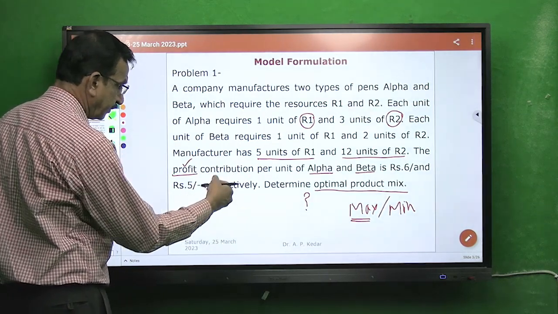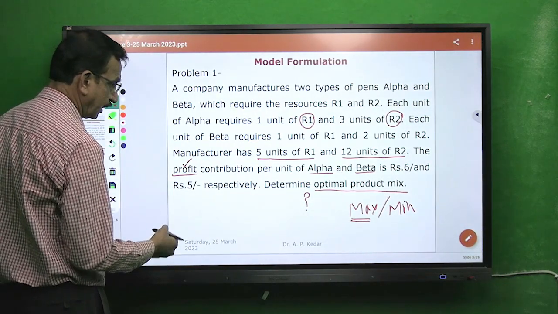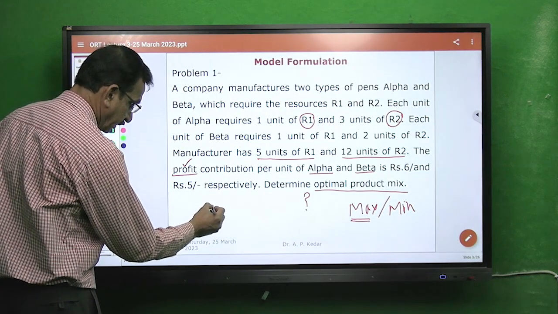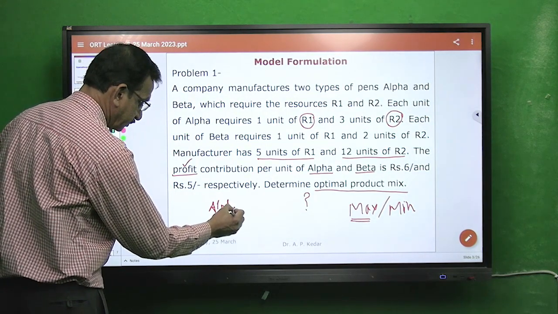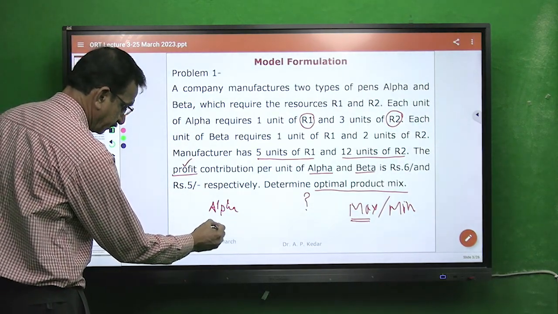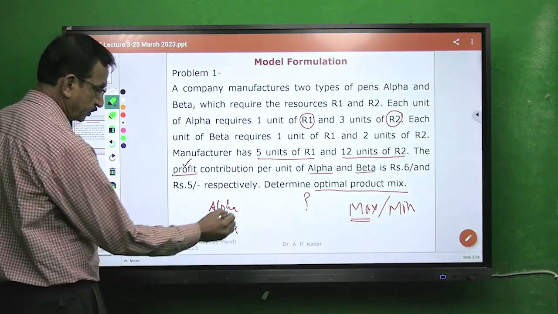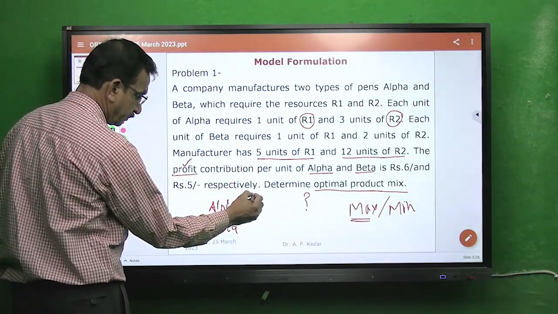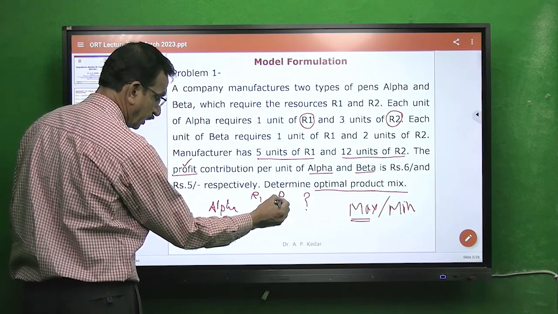Again I will revise the work which we did in the last lecture. Say alpha is one type of pen and beta is the other type of pen, for which you need resource R1 and resource R2.